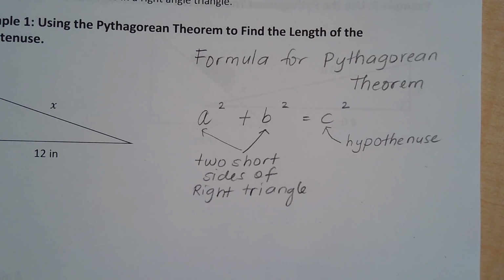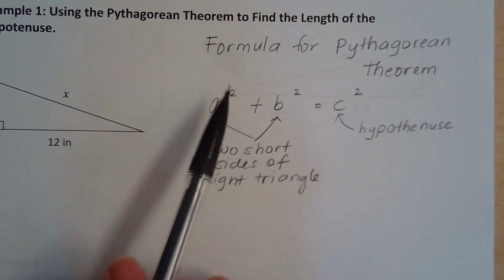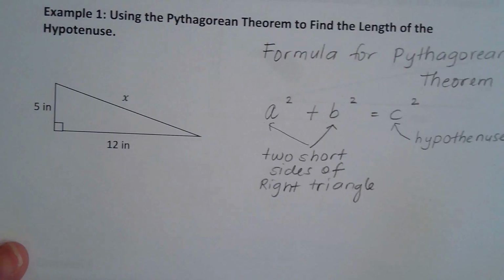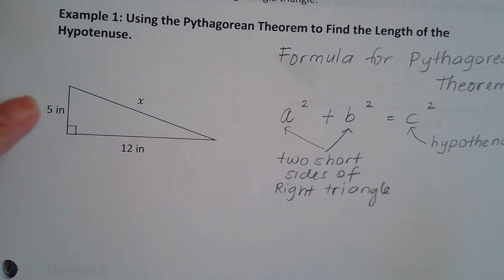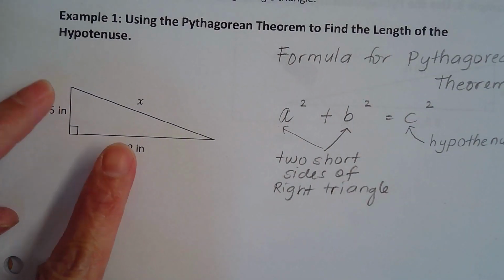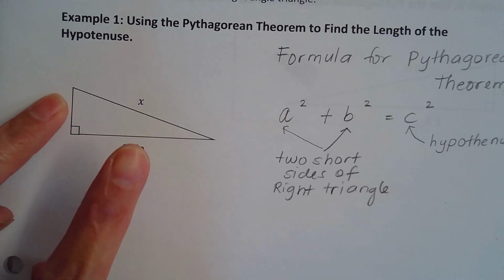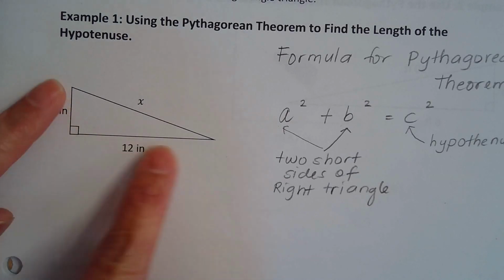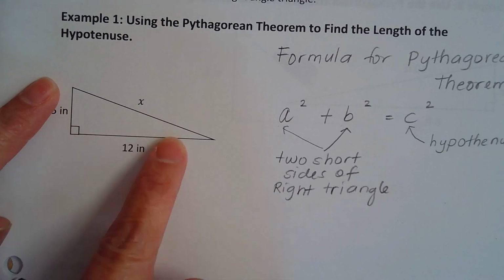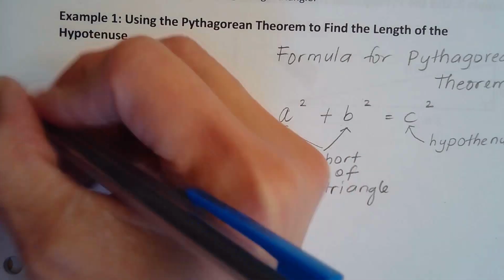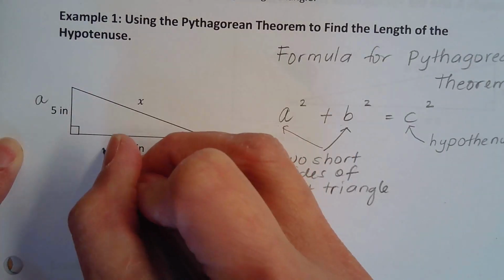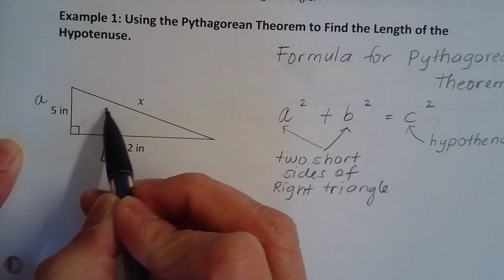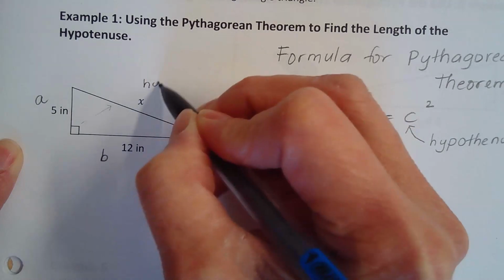Yes? Okay, so we're going to use the Pythagorean theorem to figure this out. Now, what do we know? These two are the two short sides, so we can call one A, one B. And if this is my 90-degree angle, right across that is the hypotenuse.